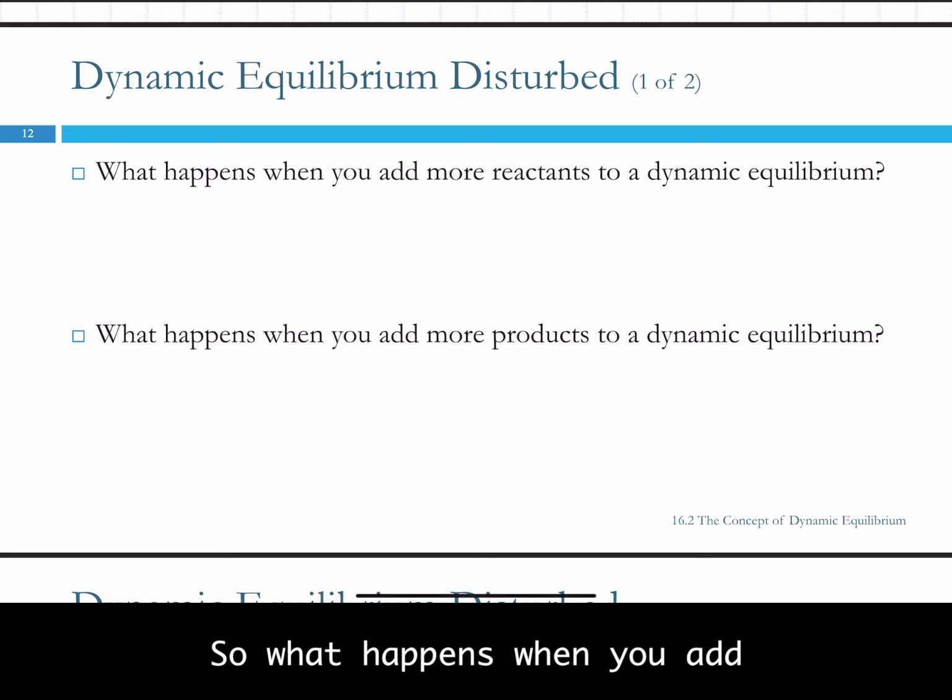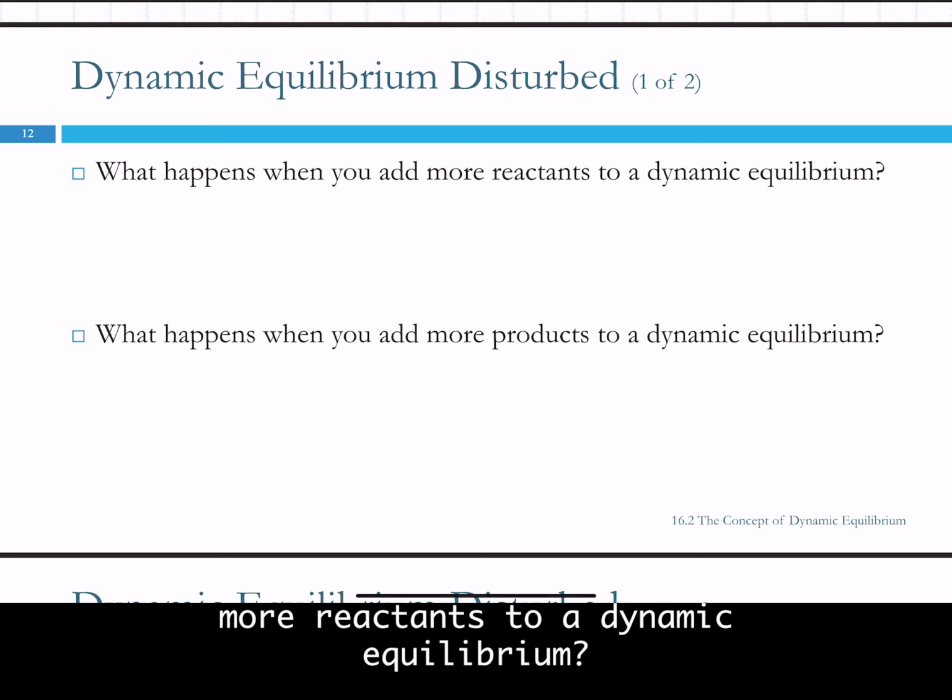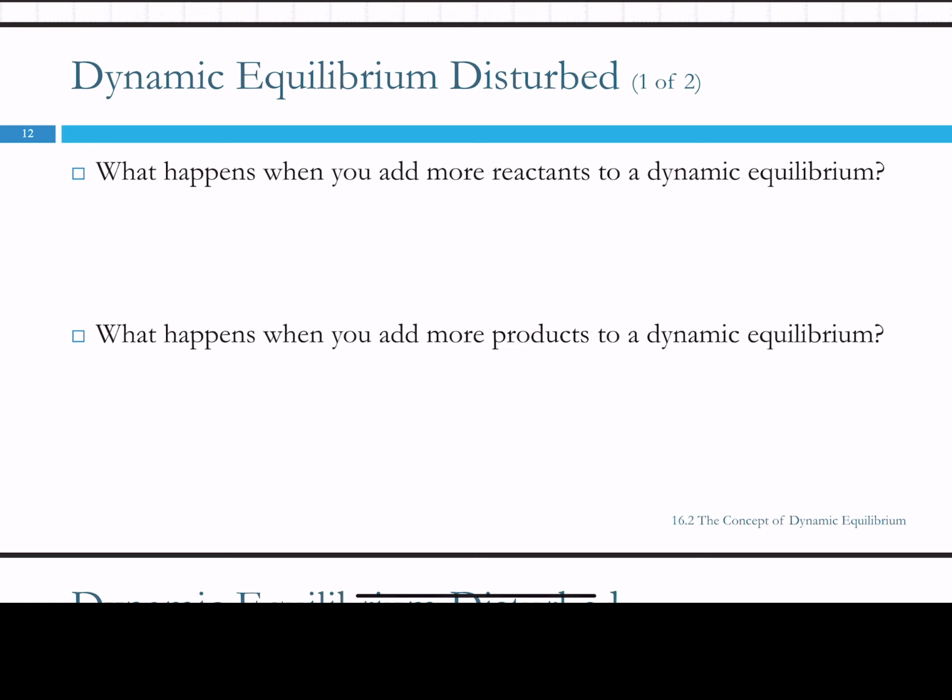So what happens when you add more reactants to a dynamic equilibrium?